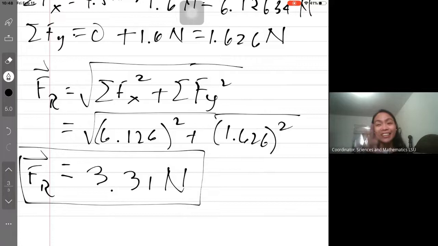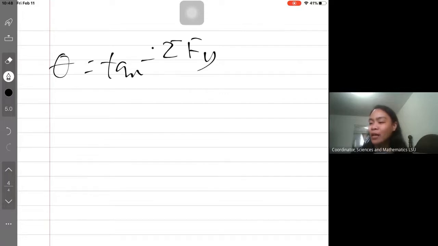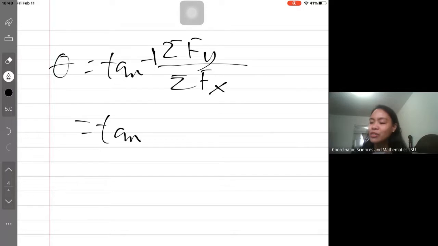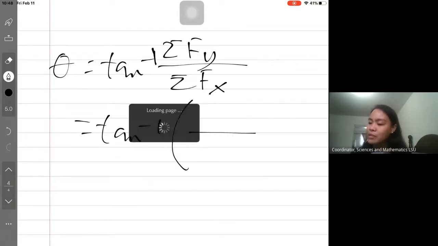Okay. Now we do not end our computation with this because since this is a vector quantity, we need the direction. Okay, so how are we going to get the direction? Our direction will just be the inverse tangent of the summation of forces along y over the summation of forces along x. What is the summation of forces along y?